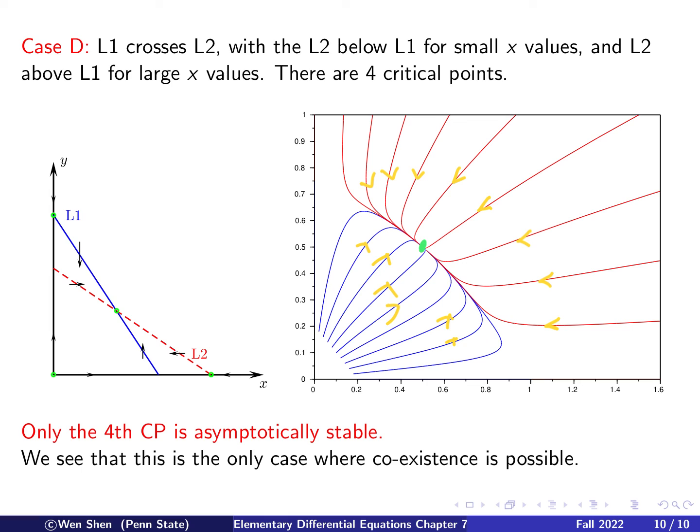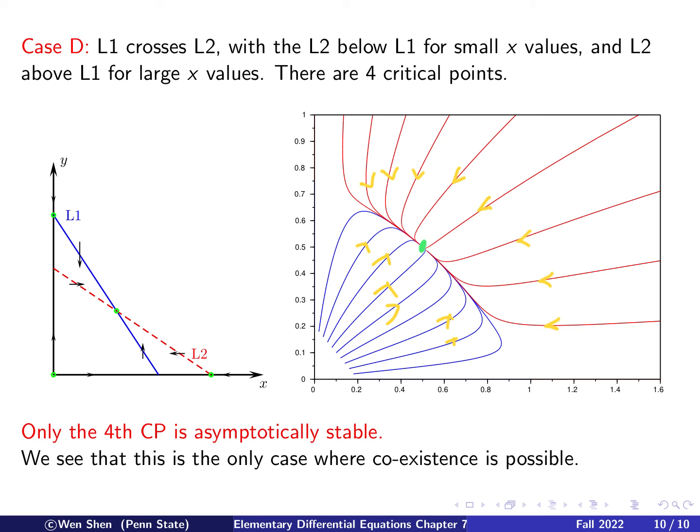So if you have an initial condition that is strictly in the first quadrant, that x is bigger than 0 and y is bigger than 0, then in this case we have a stable asymptotic equilibrium, which is the coexisting of the two species here right at the middle.